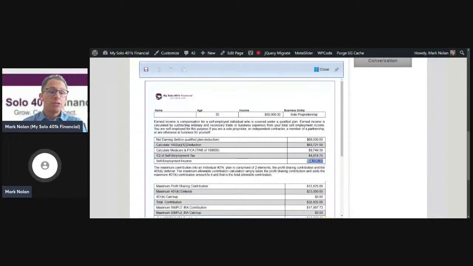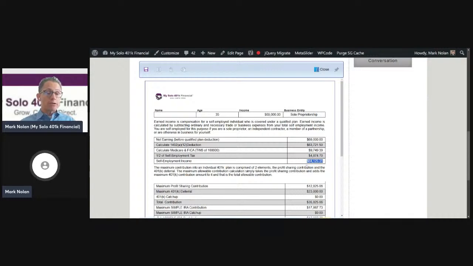That's the amount that you can make in voluntary after-tax solo 401k contributions for tax year 2024. And if you're a sole proprietorship, you still have time to open a solo 401k plan for tax year 2024 here in 2025 and make this voluntary after-tax solo 401k contribution as part of the mega backdoor, and then convert it to the Roth solo 401k.